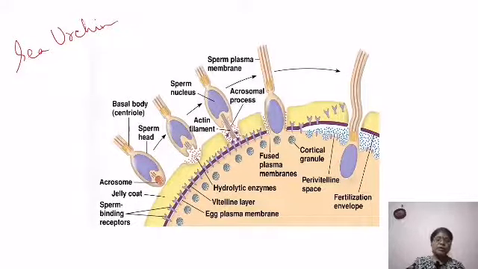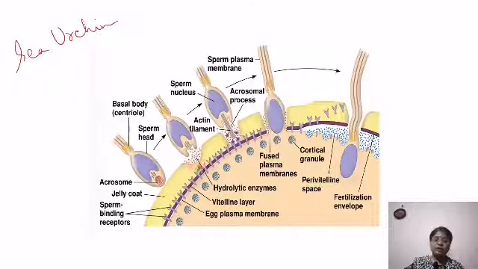See what is happening here: as the sperm comes in the vicinity, you can see the jelly coat. They have external fertilization and their egg is in that jelly coat. When the sperm comes in contact with the jelly coat, it releases acrosomal enzymes, which are hydrolases.